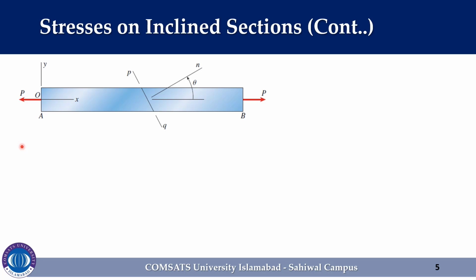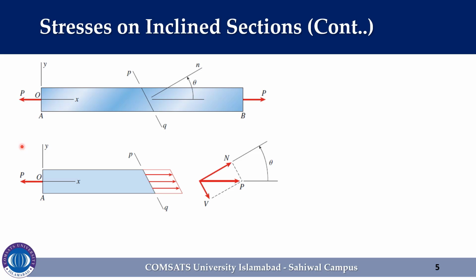As already mentioned, the resultant of these stresses is a force P acting in the x direction. This resultant may be resolved into two components, a normal force represented with N that is perpendicular to the inclined plane PQ, and a shear force expressed with V that is tangential to it.